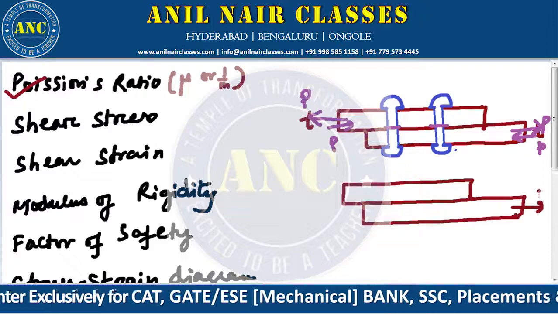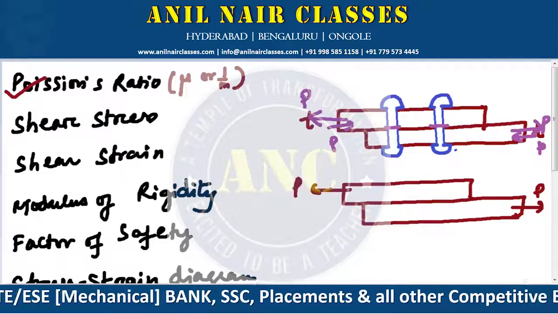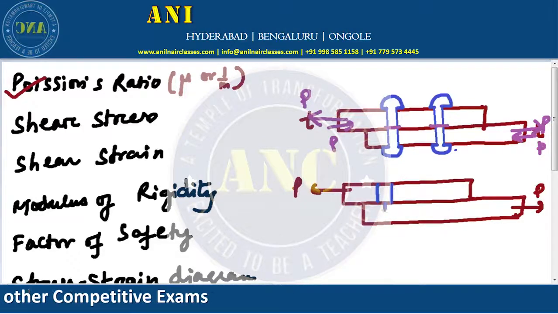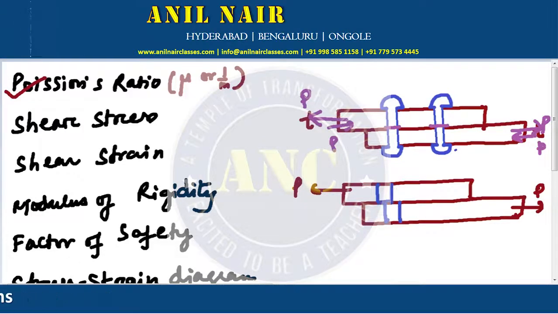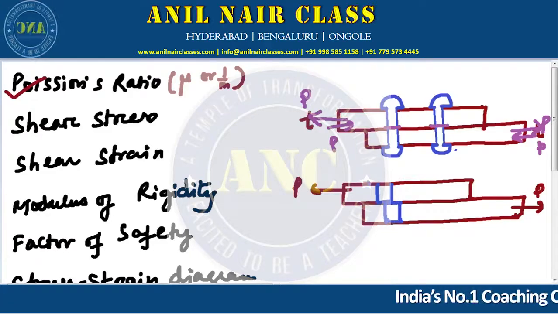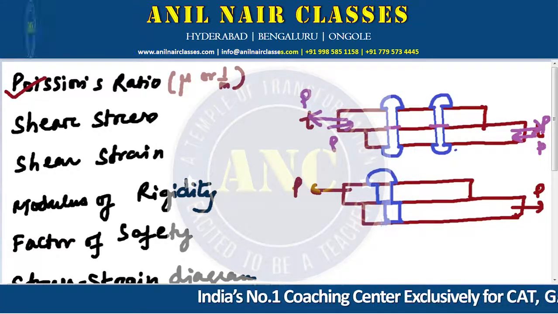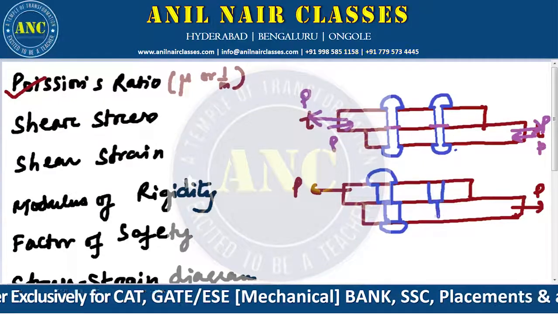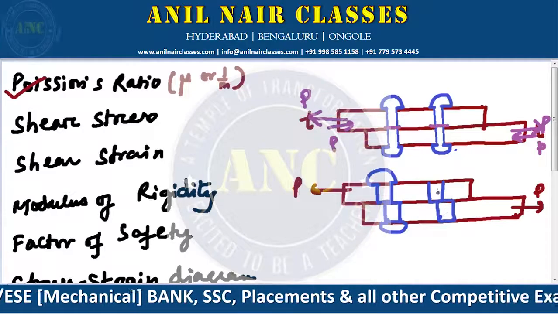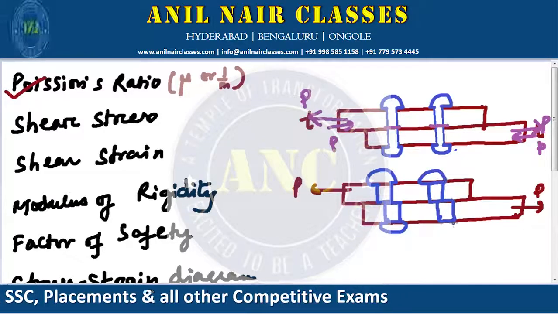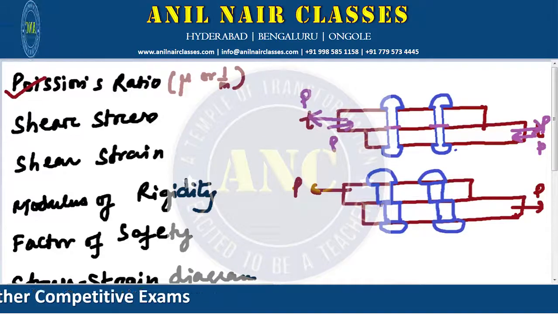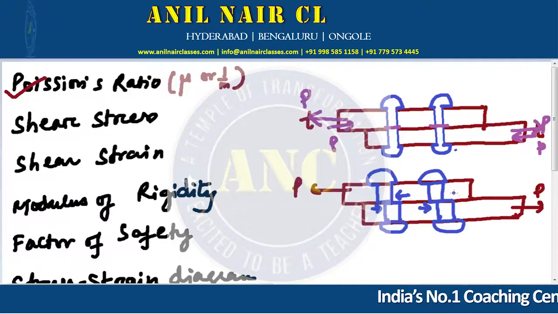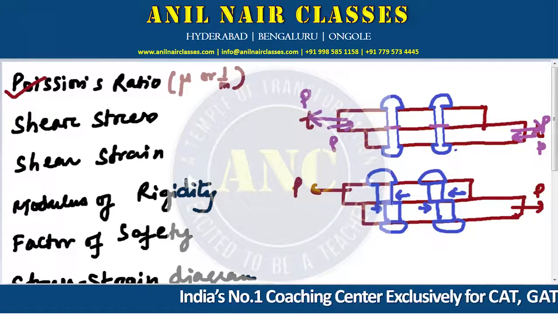Because of this push or pull, the rivet shifts. Here also it shifts. Now this shift that you are seeing is because of shearing.